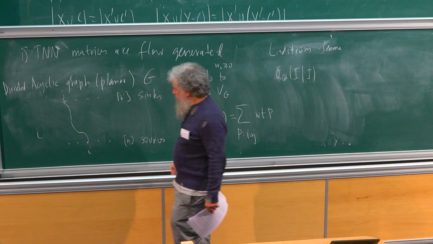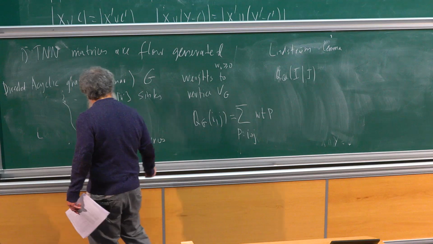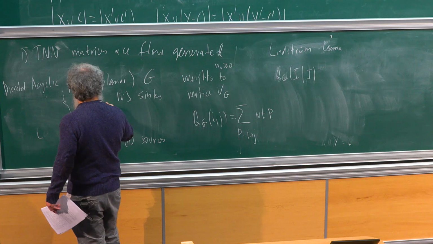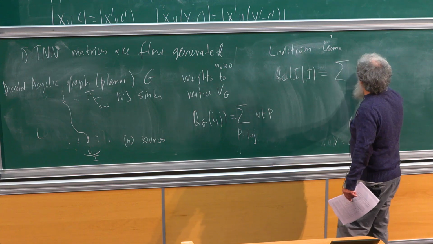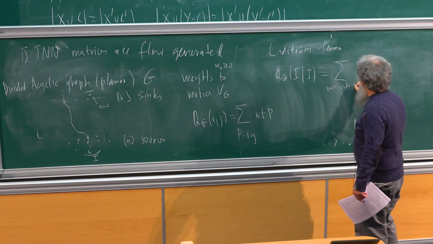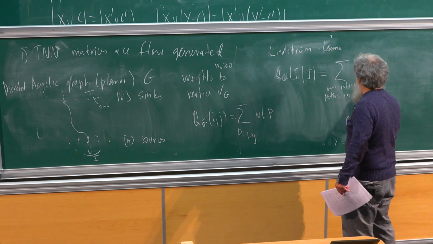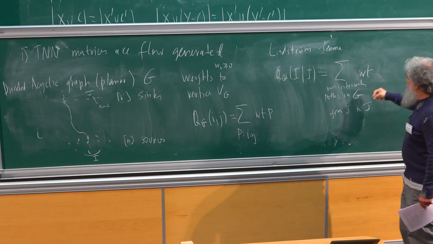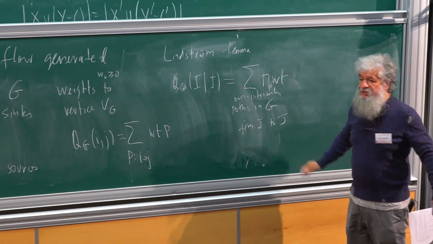You have to choose a set I of sources and a set J of sinks, and then consider the sum over non-intersecting paths in G from I to J, taking the product of weights of such paths on this flow.